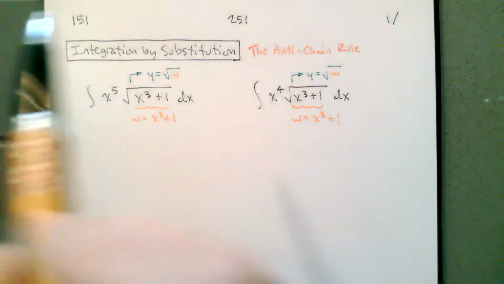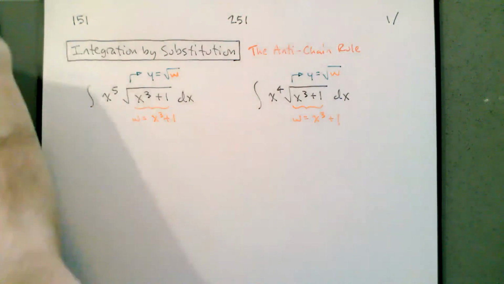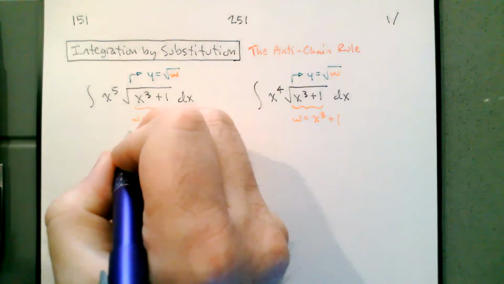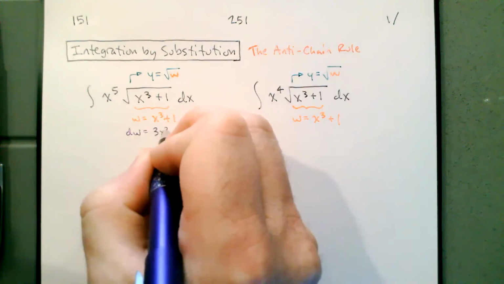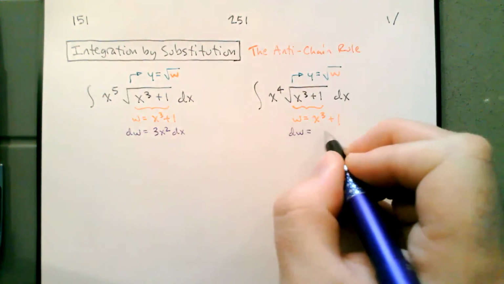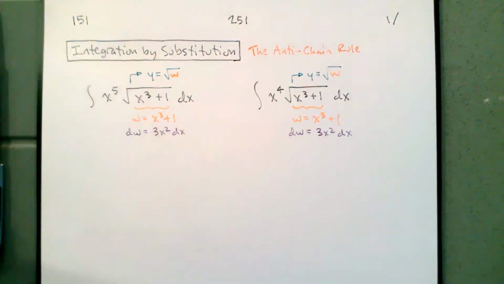Now we have to make sure that we have the parts to make this substitution go. To make a substitution of x cubed plus 1 work, I need to have a constant multiple of dw. And in this case, dw is 3x squared dx. Well, in both cases, dw is 3x squared dx. So in both cases, I need two factors of x to be the dw.